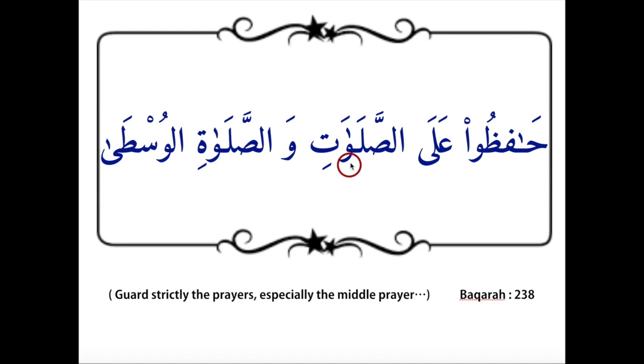So we will use this vowel. So we will say salawati. Here we are not going to use this vowel. We will only use the dagger because there is no diacritic mark on top. So it's just salati. So notice if there's nothing on top, don't say it. If there is something on top, you say the vowel.